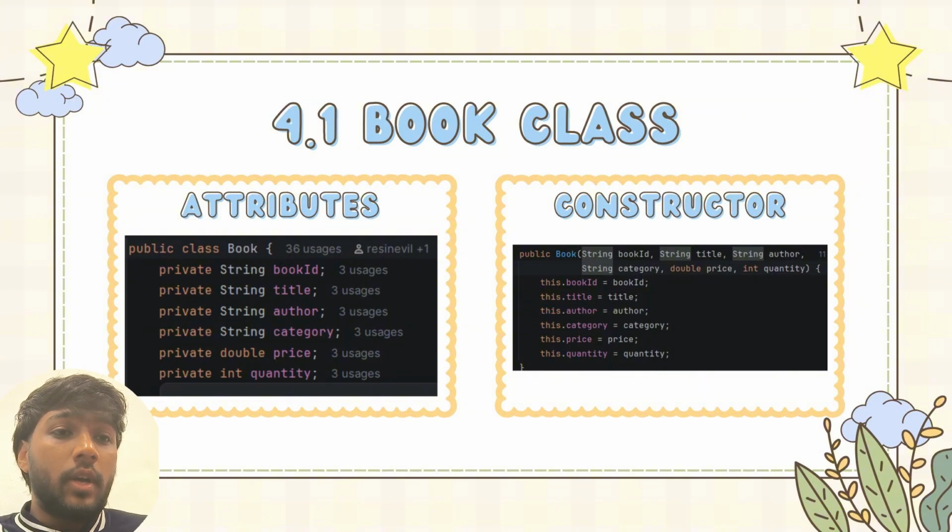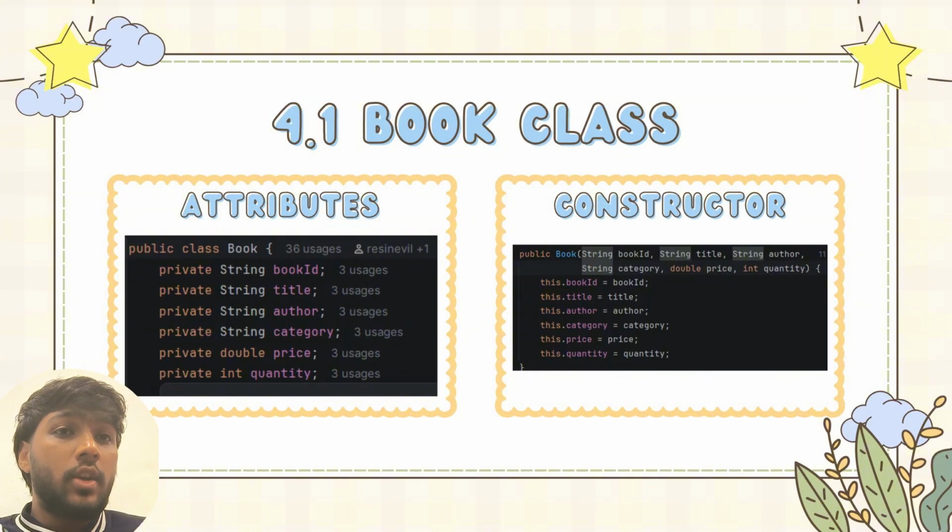So right now we have implemented OOP concepts, and one of them is attributes. I'm going to explain about attributes. Attributes are the variables that are declared in the class to store information of each book object.